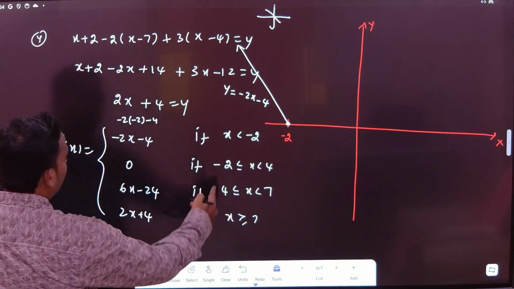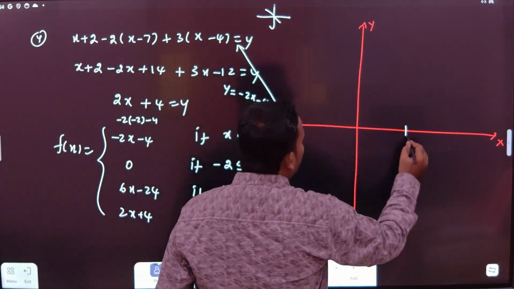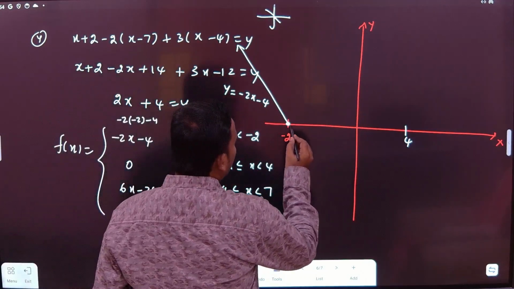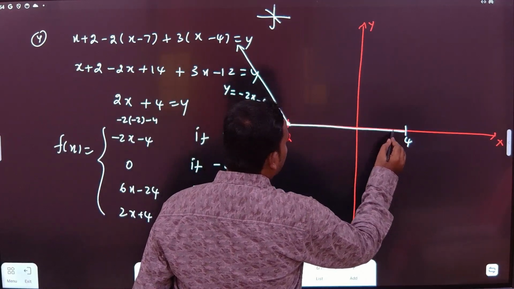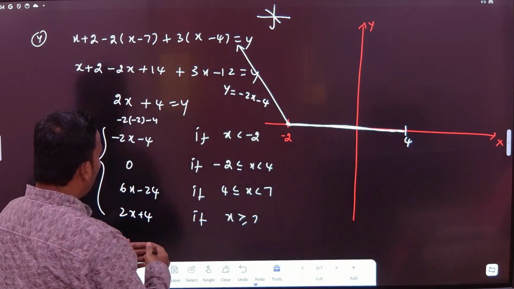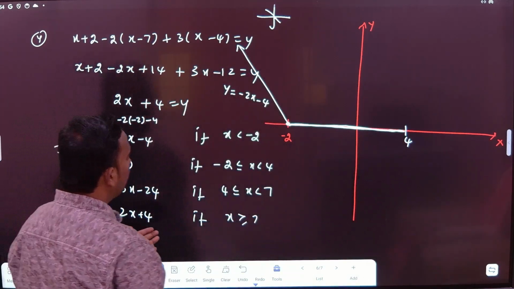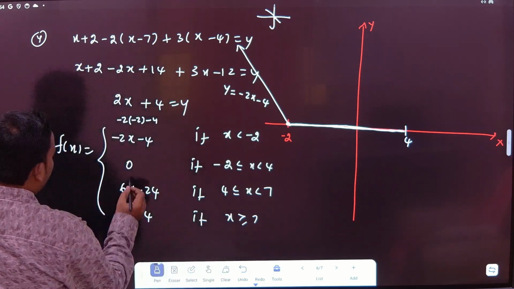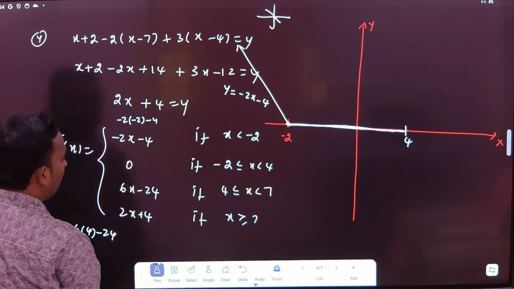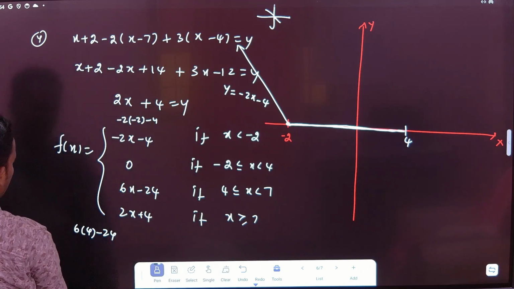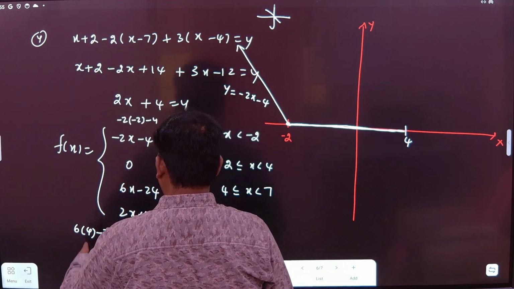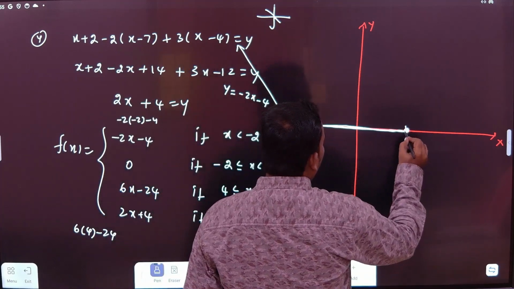Let me take minus 2 to 4. Minus 2 to 4, y is equal to 0. Y is equal to 0 means the complete x-axis, right? Okay, let's take more than 4. 4 to 7 you take. If you substitute 4 into 6x minus 24, 24 minus 24 is 0, right?